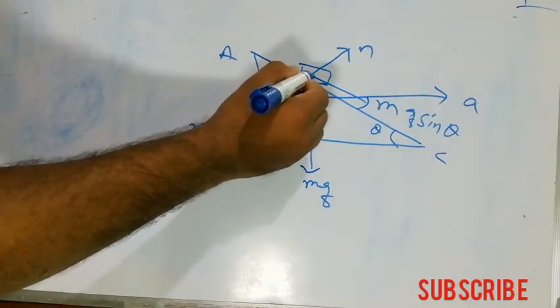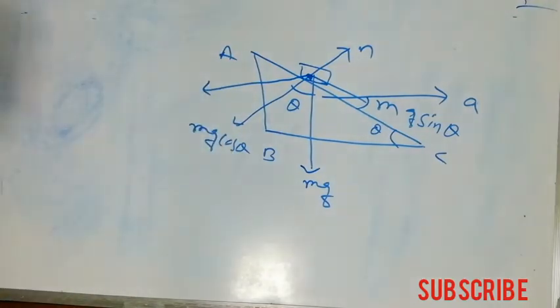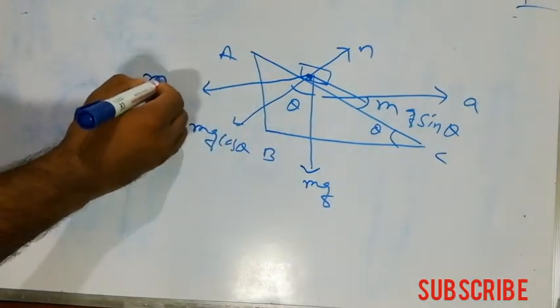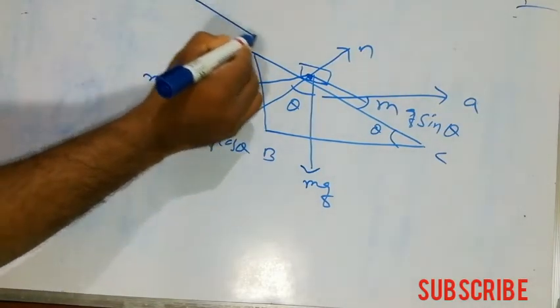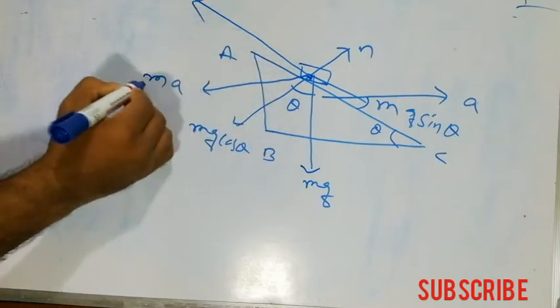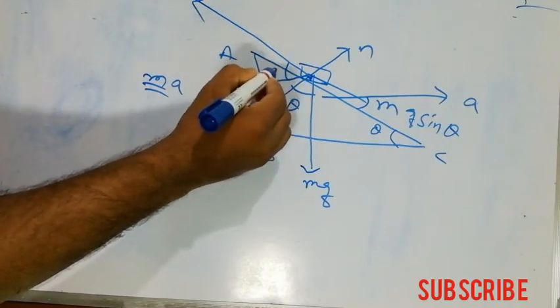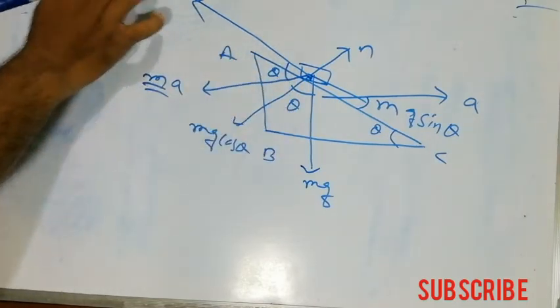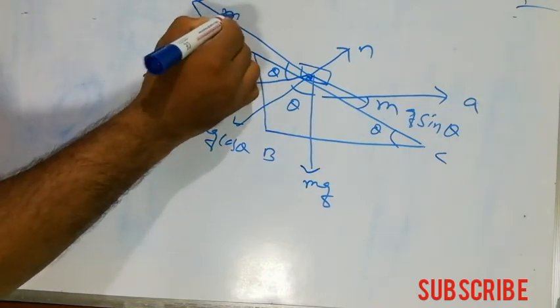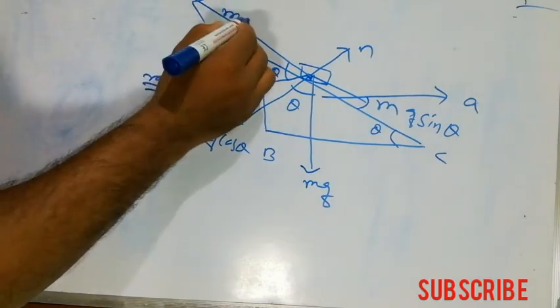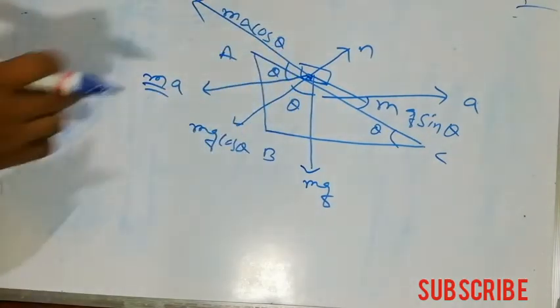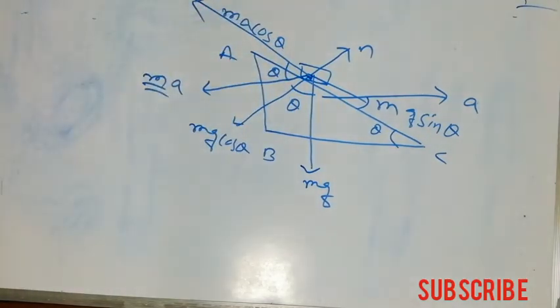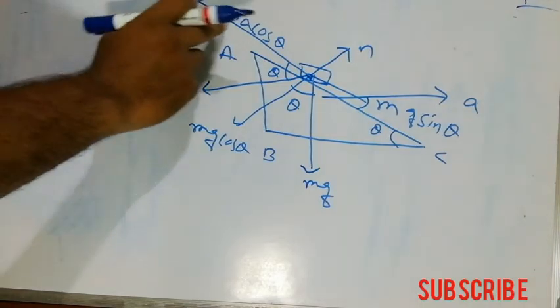A reaction acts on the block, that is ma, along the left direction. The component of the reaction force ma, with this angle theta, is ma cos theta along the incline.